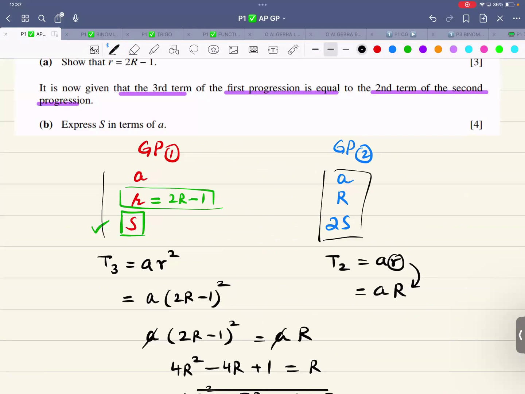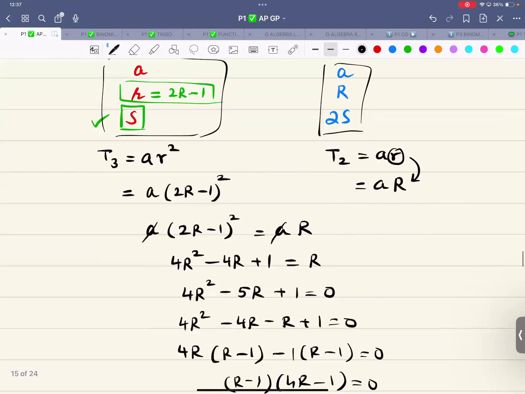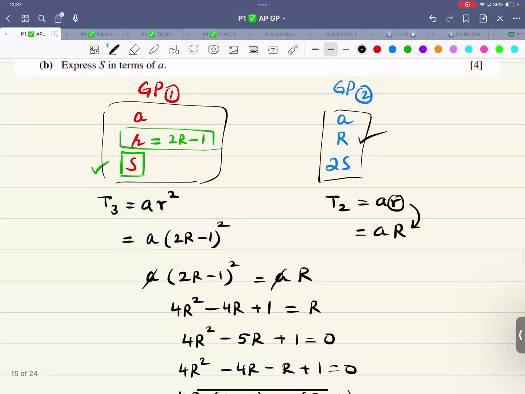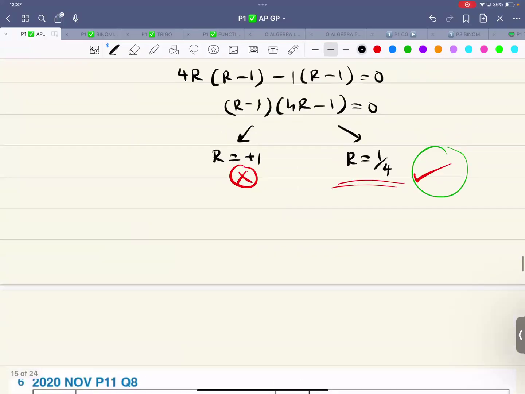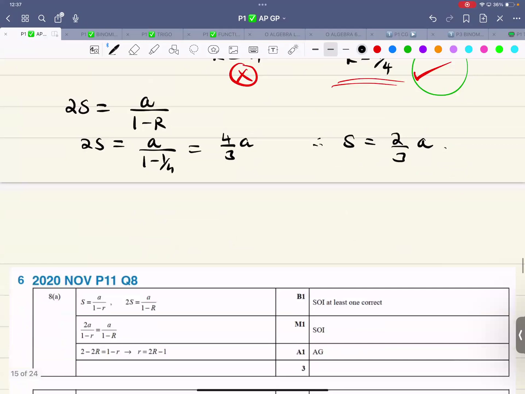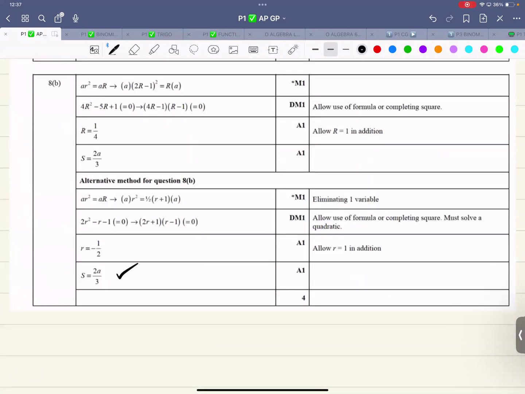Since I have capital R, let's use this. So 2S is equal to A over 1 minus capital R. That is A over 1 minus 1/4, A over 3/4, that's 4/3 A. That is 2S. Therefore, S is divided by 2, that is 2/3 A. S is 2/3 A.